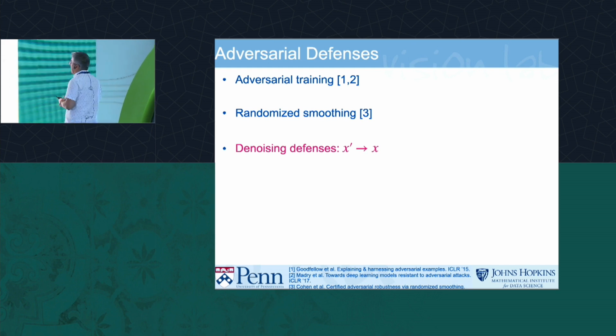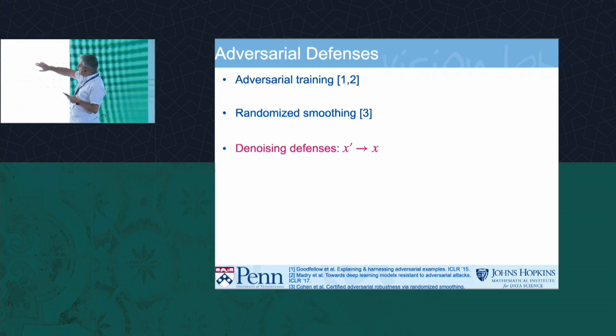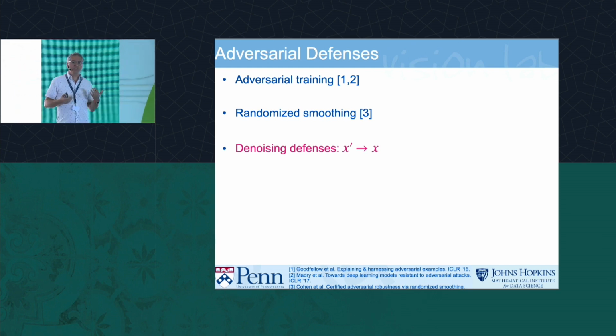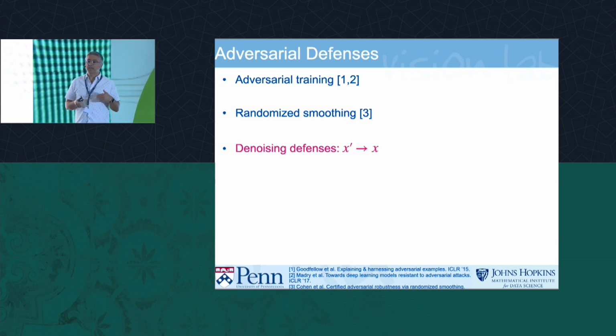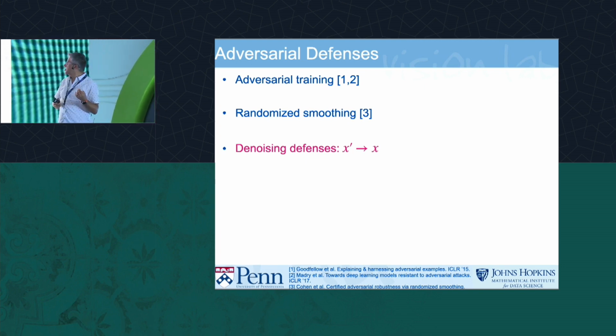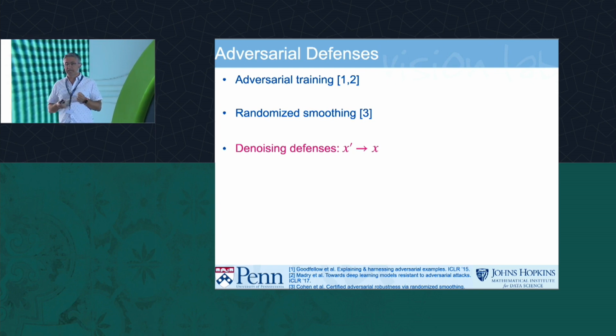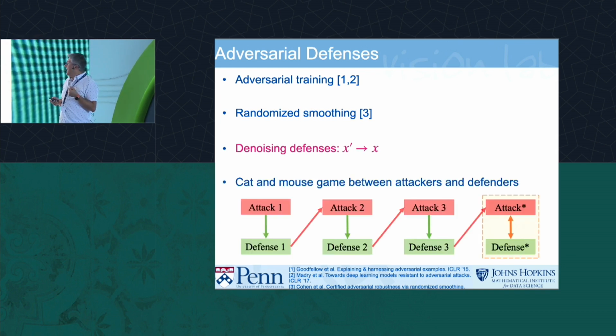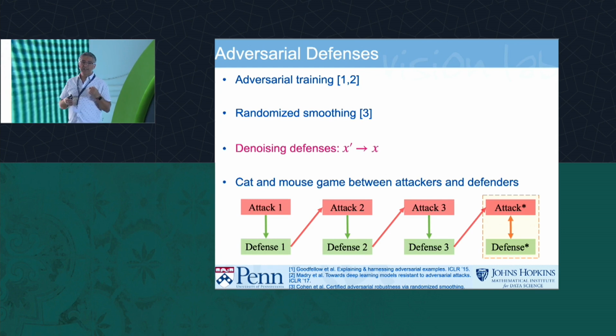There are other methods, but this talk is really more connected to the denoising style defenses, where we take the corrupted example, x prime, and we try to reconstruct the original x in order to have an x that is not attacked.